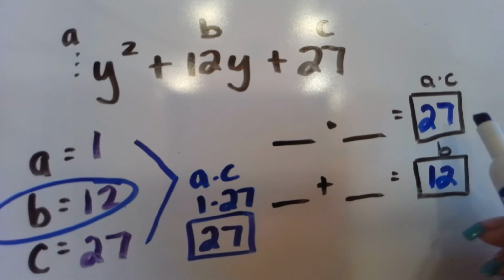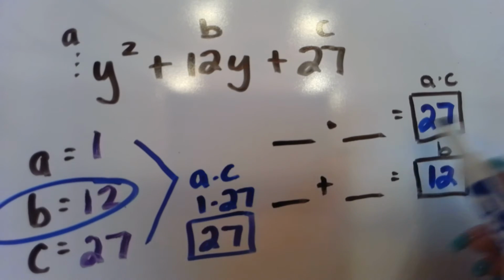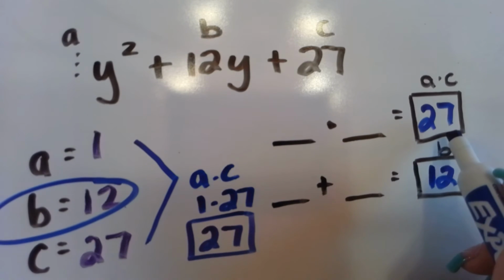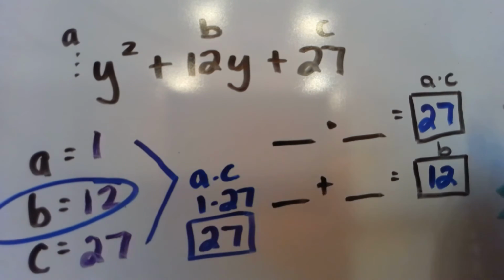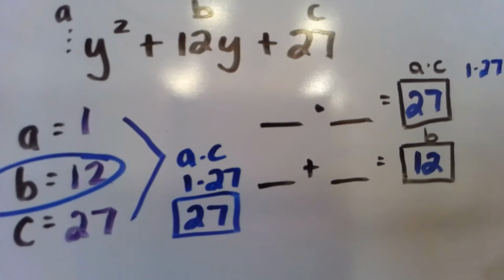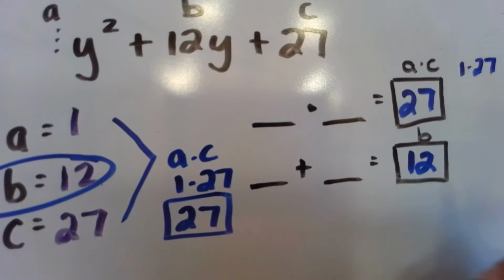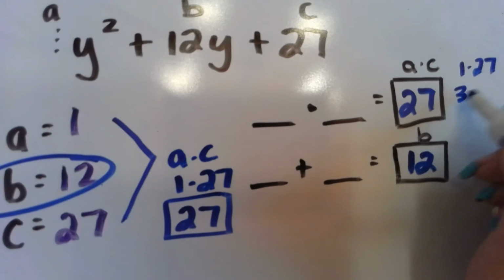Now, we need to figure out our factors of 27. What two numbers can multiply to 27 but add to 12? Let's go for it. We know 1 times 27 equals 27. Now 2 times anything does not equal 27, so we're going to start with 3.